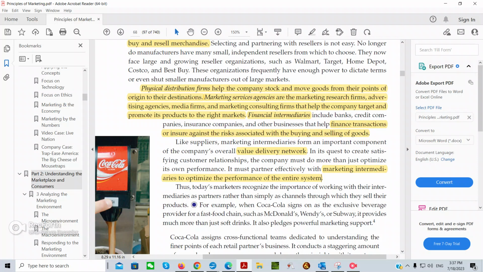Today's marketers recognize the importance of working with the intermediaries as partners rather than simply as channels through which they sell their products. For example, when Coca-Cola signs on as the exclusive beverage provider to a fast food chain, such as McDonald's, Wendy's, or Subway, it provides much more than just soft drinks. It pledges powerful marketing support. Now, let me go ahead and explain what they mean by that.